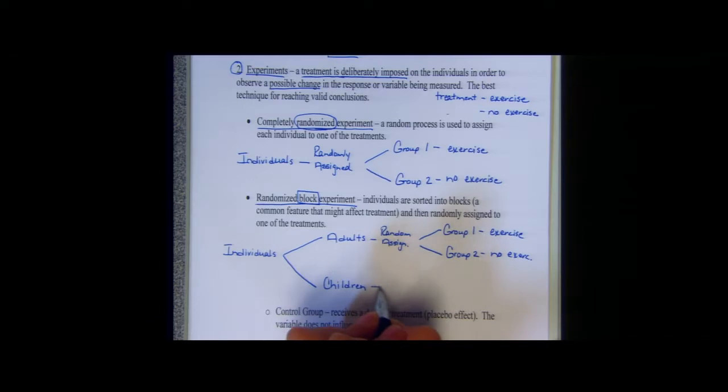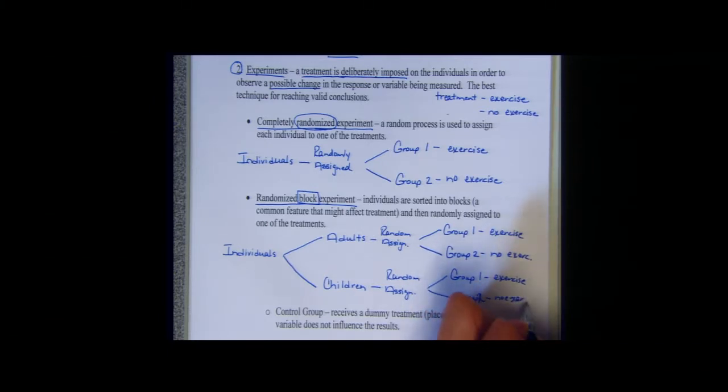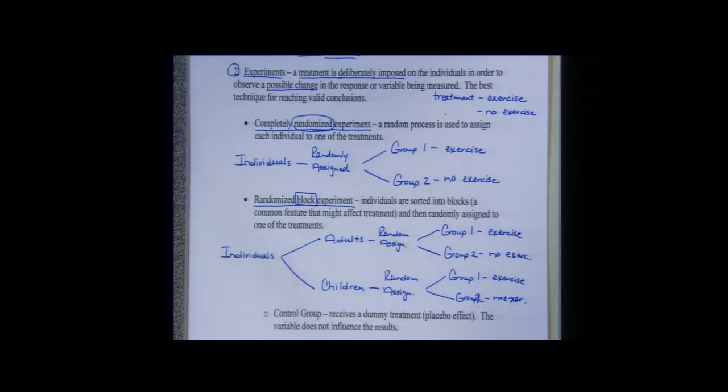And then the children would then be randomly assigned into group 1, which would receive exercise, and group 2, which would be no exercise. So here is completely randomized, and here is when you separate them into a block, and our blocks are our adults and our children.